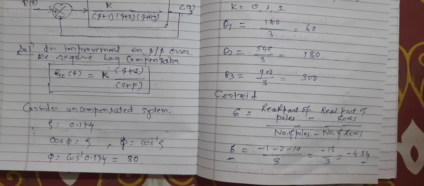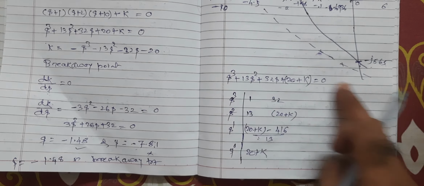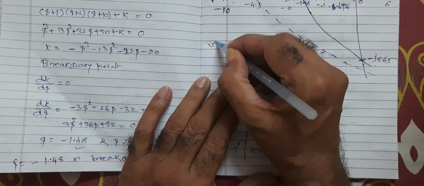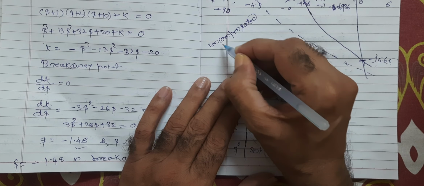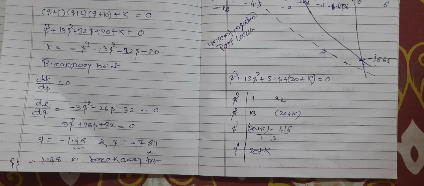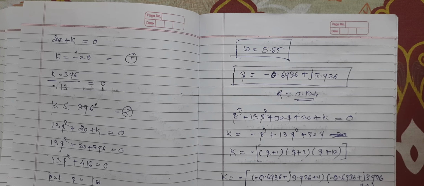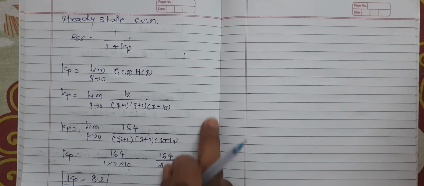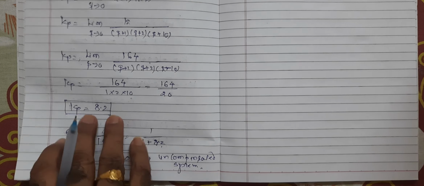So to find the value of the k, first you have to draw the uncompensated root locus. So first we have drawn the uncompensated root locus, then we calculated the value of the k, and after calculating the value of the k we have calculated the value of the ESS, which is coming 0.108. Now this we have calculated.